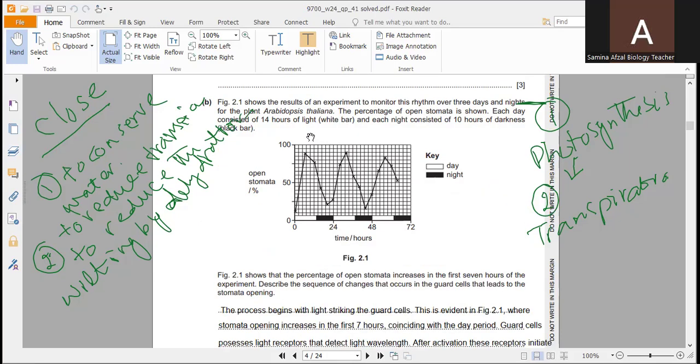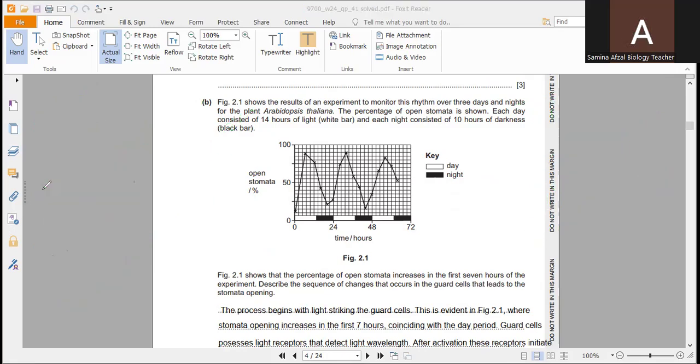Now we are moving towards the next question. Figure 2.1 shows the results of an experiment to monitor the rhythm over 3 days and nights for the plant Arabidopsis thaliana. The percentage of open stomata is shown.